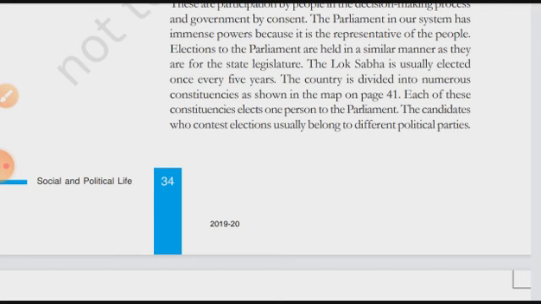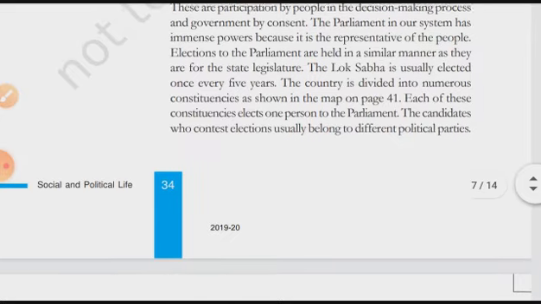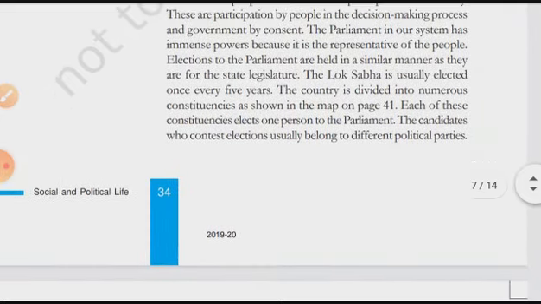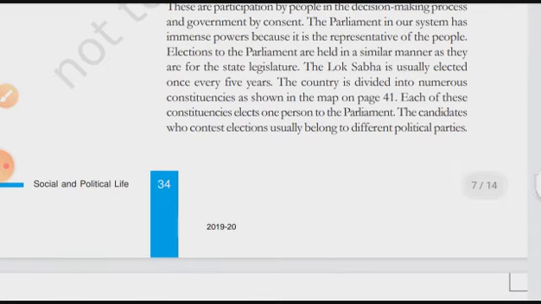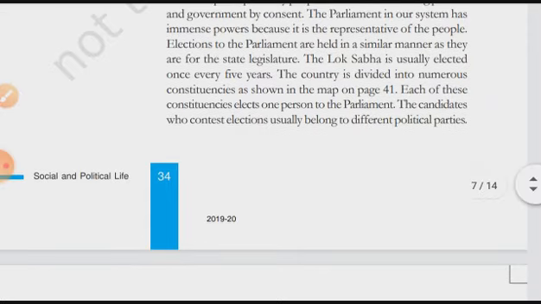The map has been given below, so you will come to know by seeing it. The candidates who contest elections usually belong to different political parties. As we all know, those who are standing in the elections mainly belong to different political parties.